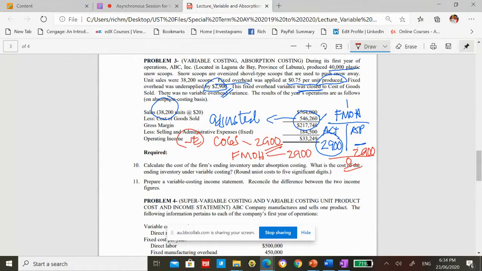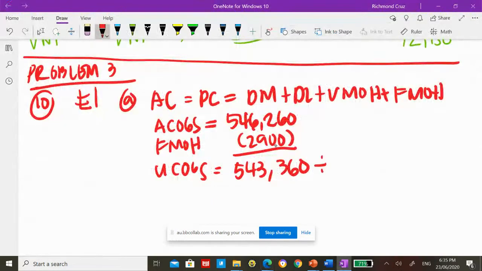So itong 543,360 na yan yung para dun sa 38,200 natin. So i-divide ko to ng 38,200.